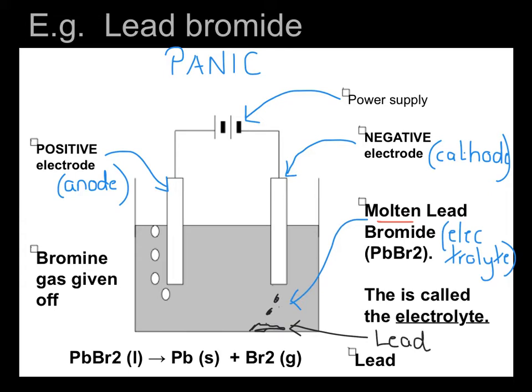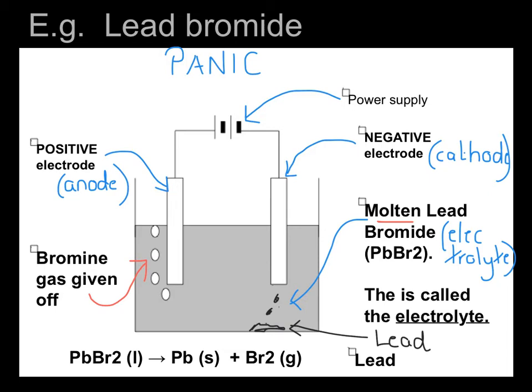Then at the anode we will always have the non-metal gas forming, and these will be diatomic gases, and you can see that we have bubbles of bromine gas being given off at this anode.